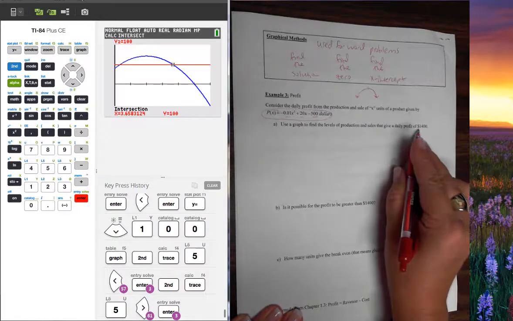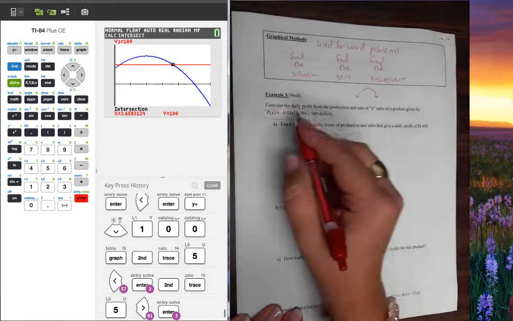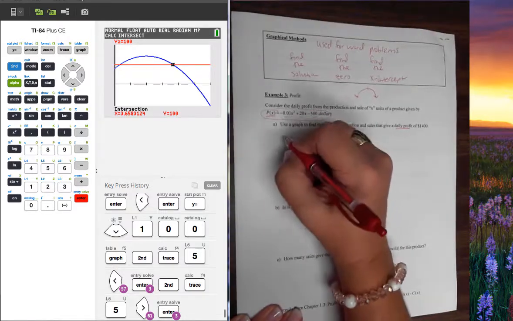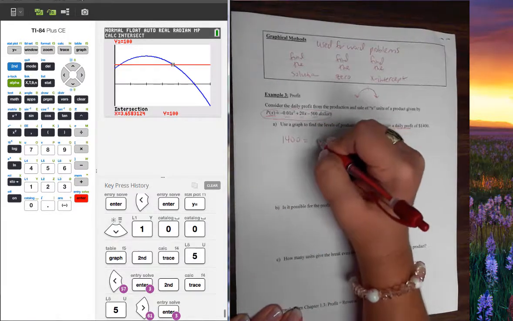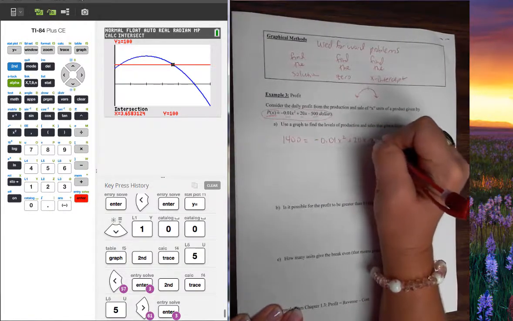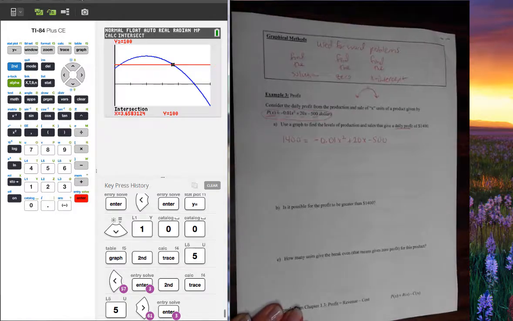So I'm going to look at the daily sales equaling 1,400. So the letter P represents the daily profit. The daily profit equaling 1,400. 1,400 equals negative 0.01 x squared plus 20x minus 500.